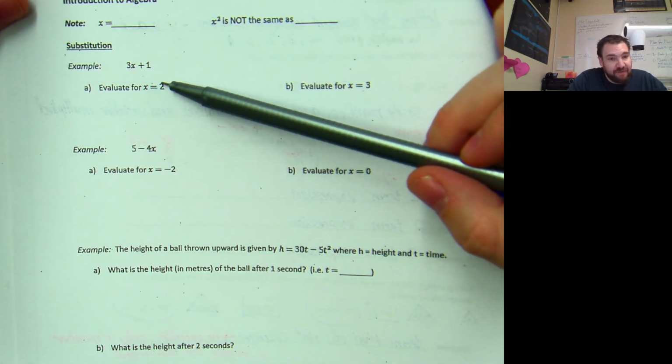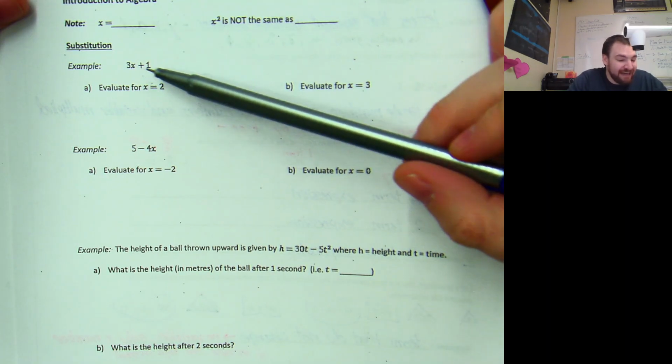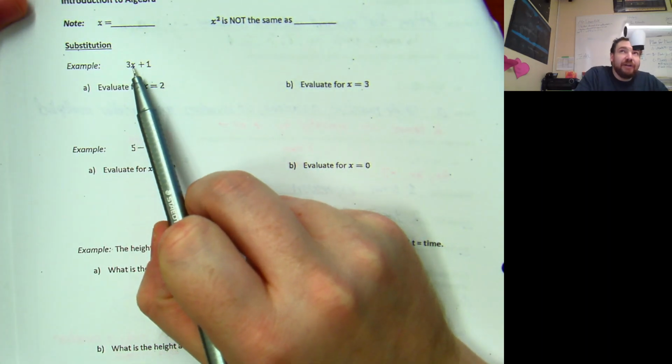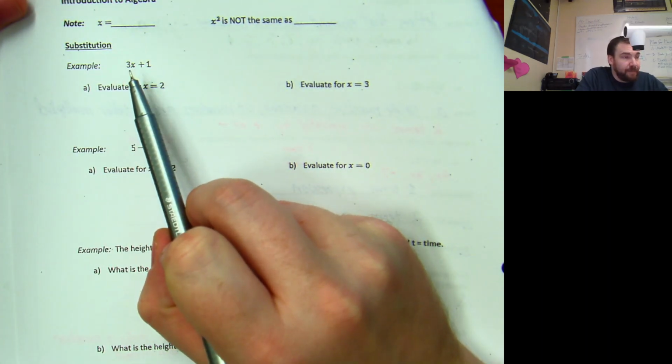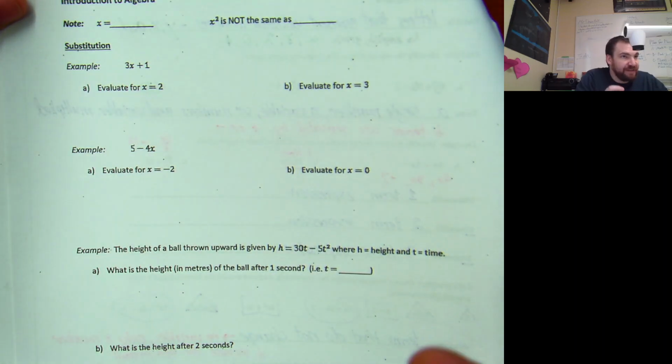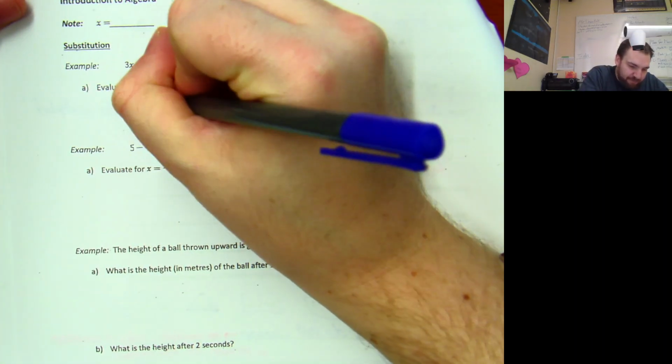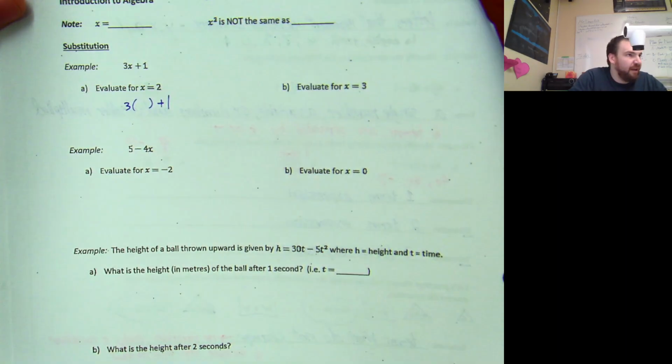I'm going to take this value 2, and I'm going to replace x with it in my expression. One of the easy ways to make sure that you're doing this properly is to take the variable that you're replacing and put a set of brackets where it sits. So I'm going to rewrite this thing as 3 bracket bracket plus 1, because that is where my variable was.